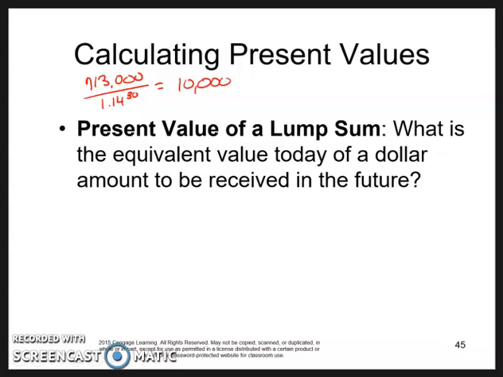There might be a little bit of rounding, but if you were to enter that into your calculator, N would be 30, IY would be 14%. That's a whole number, not 0.14. We're going to compute the PV. So payment's going to be zero. Future value would be that 713,000 number.